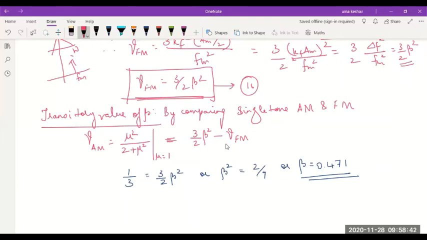So if an FM system should give you better performance than AM system in the presence of noise, your beta value should usually be greater than 0.471.